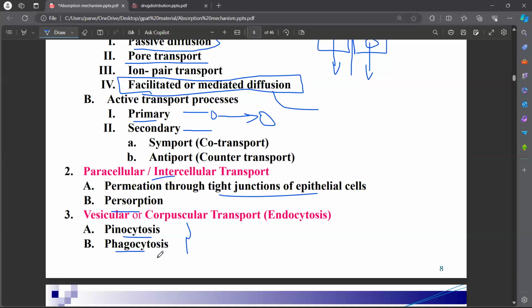Pinocytosis or phagocytosis? It is pinocytosis. It's not phagocytosis. Pinocytosis.